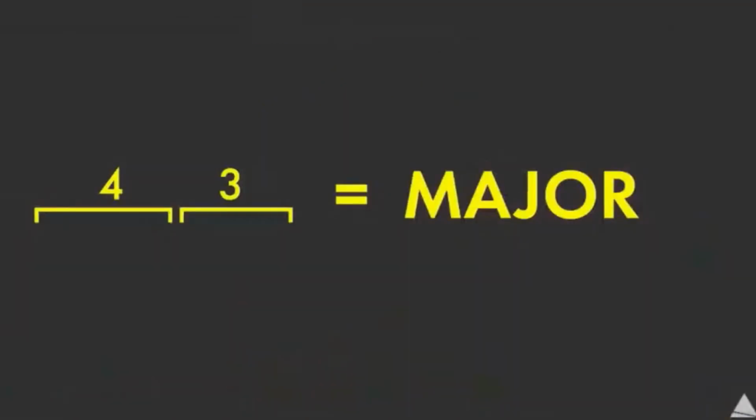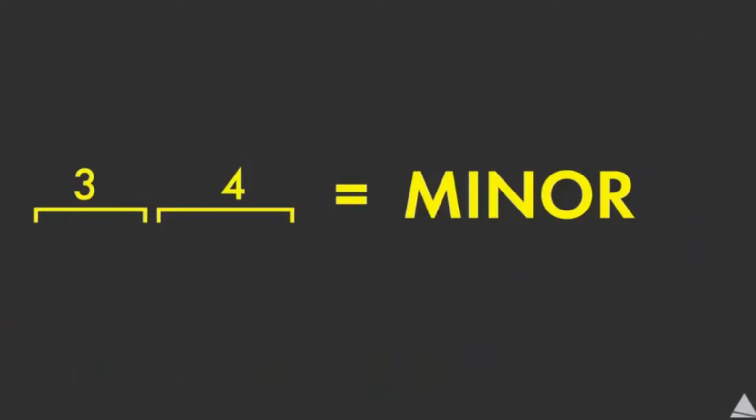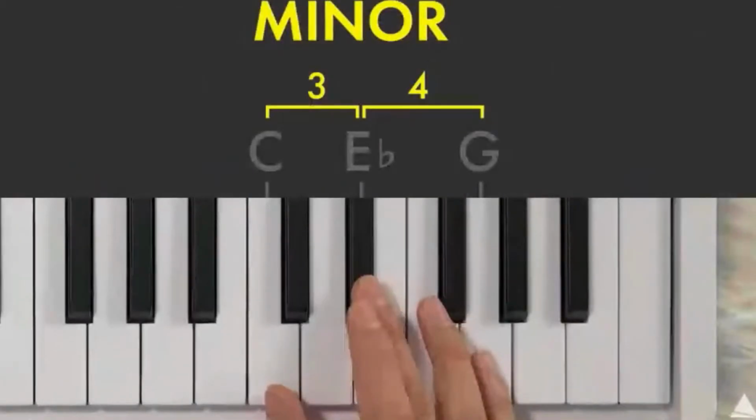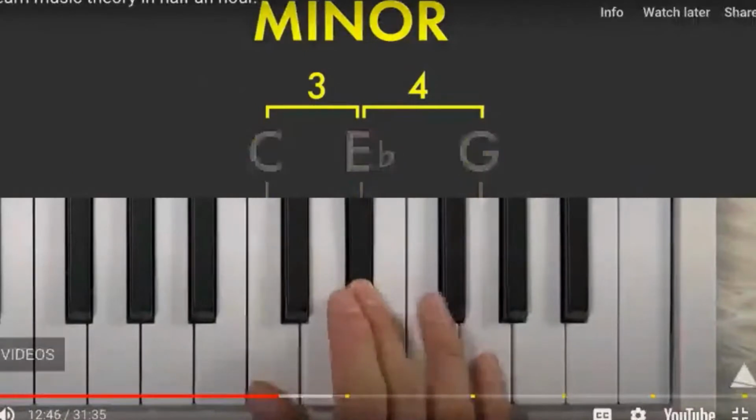4 then 3, major. If a chord is 3 then 4, it's minor. So in this case, if we change the E to an E flat. So for minor, what is the formula? 3 and 4. And that's it. 3 from note 1 to note 2.